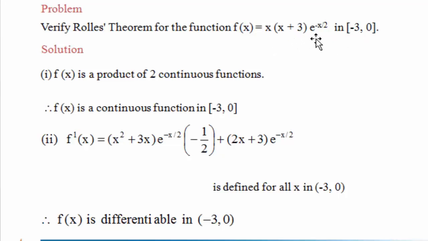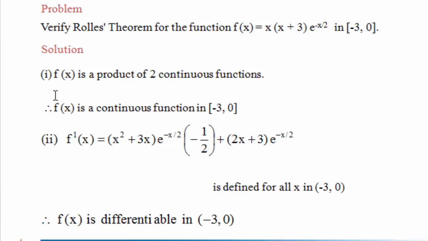To verify Rolle's theorem means we have to find point C. If it satisfies all three conditions of Rolle's theorem, then we have to find C lying between -3 and 0. It may be -1 or -2.5 or something like that. Maybe rational, irrational, but we have to find it if the Rolle's theorem conditions hold for this function f of x.